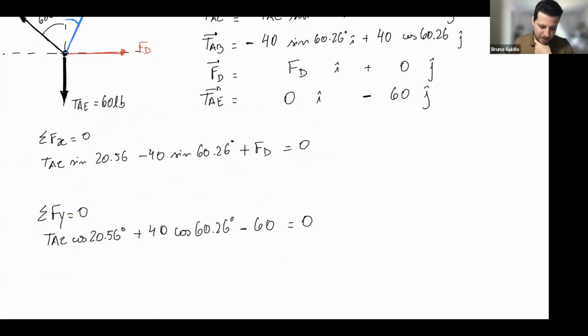We can save some time. Doing this calculation, in my notes I have TAC equal to 42.89 pounds.